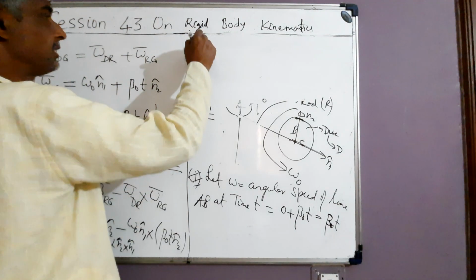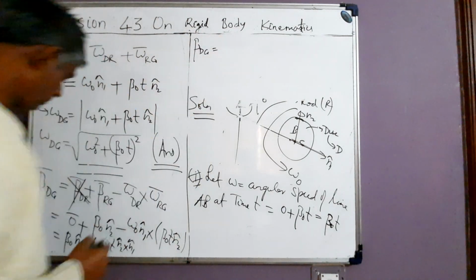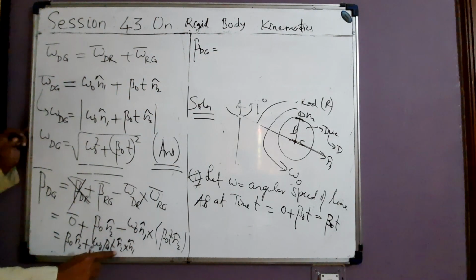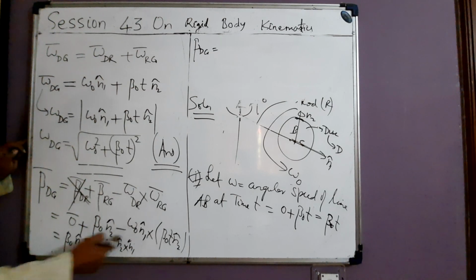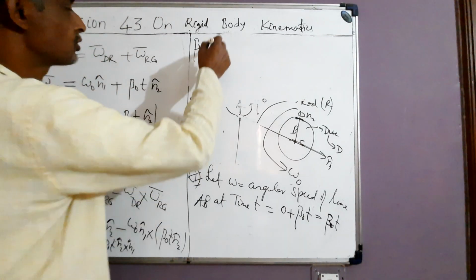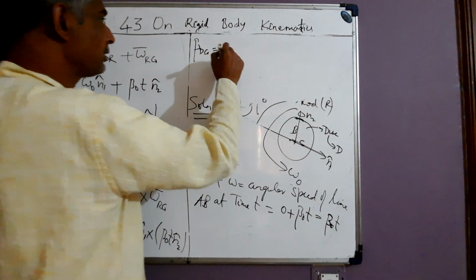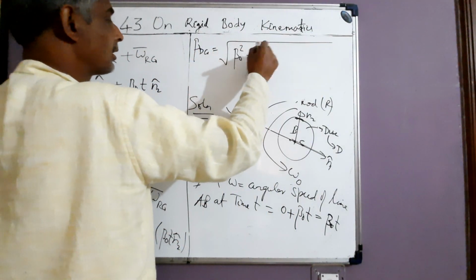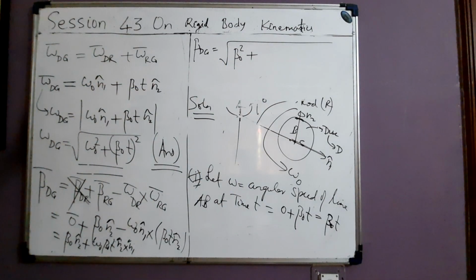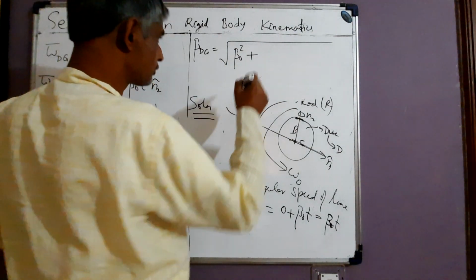So magnitude of beta dg is this much. Now you see n2 hat cross n1 hat is normal to n2. So these two vectors are mutually perpendicular. So magnitude of this vector beta dg is simply root under beta naught square plus omega naught beta naught t whole square.